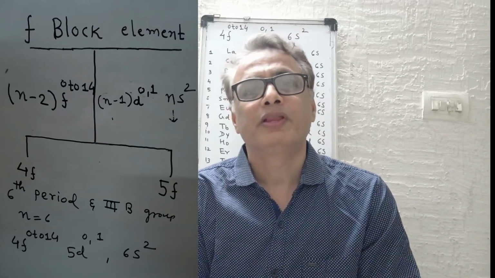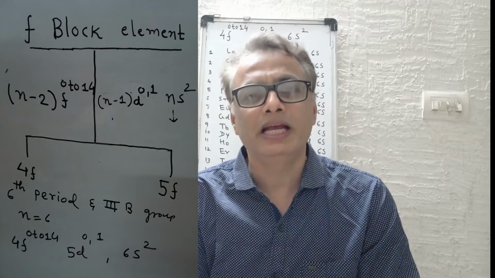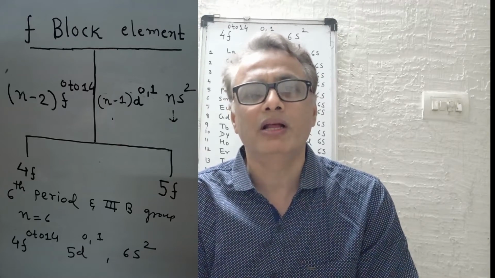While the elements in which the new entering electron takes position in the 5f orbital are known as 5f block elements or actinide elements.